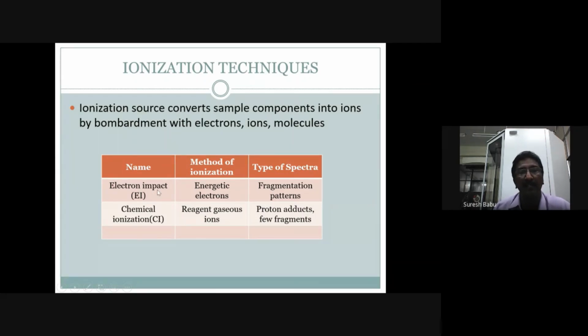In electron impact, ionization is carried out by striking with electrons, whereas chemical ionization we discussed earlier. Here the ionization is caused by corona discharge of chemical species.